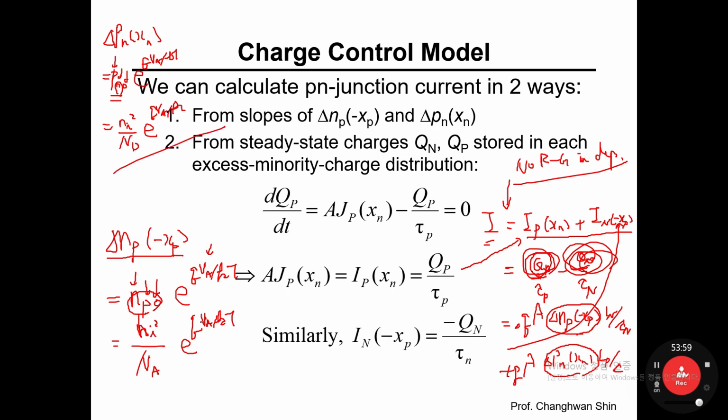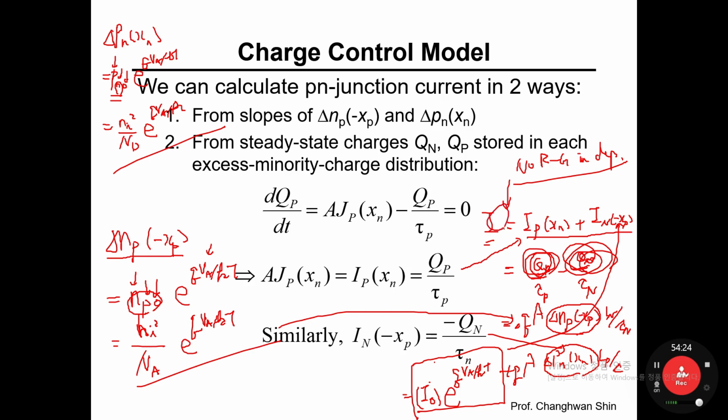So this and that should be plugged into this equation, and you're going to end up with all other variables and terms combined into a single term as I naught times exponential qVA over kT. So this equation I is equal to I naught times exponential qVA over kT, which comes from the ideal diode equation.